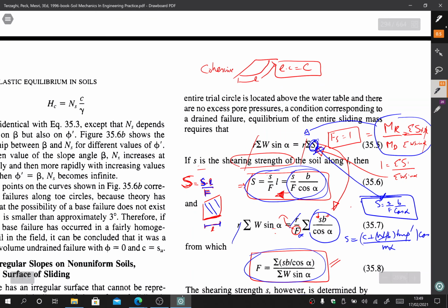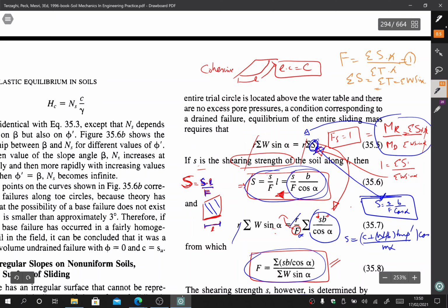Now once we are considering the factor of safety, we know that factor of safety is equal to summation of the shear strength over the summation of the tangential forces that are going to cause the moment about R. R cancels out, so it will be summation of S over T. If for critical cases the factor of safety is equal to 1, from here I can say that shear strength is equal to summation of the tangential forces, and plugging in the values, this is equal to W sine alpha.